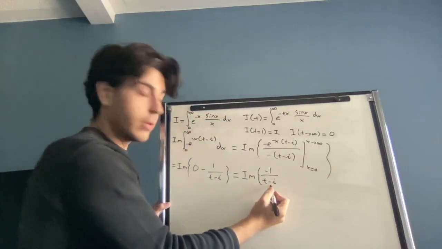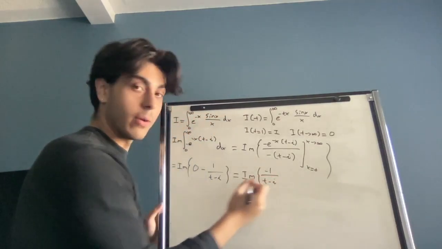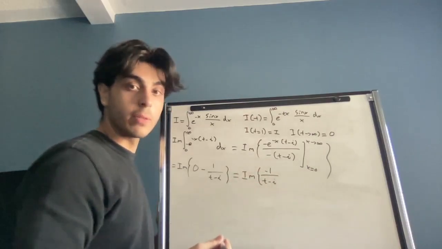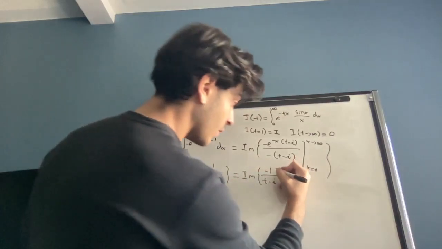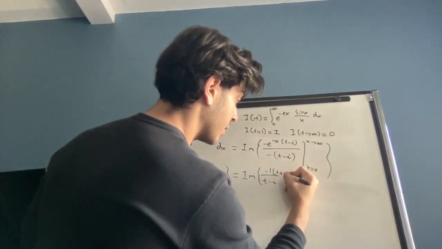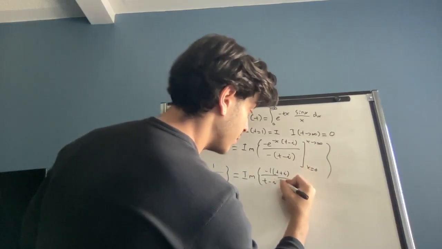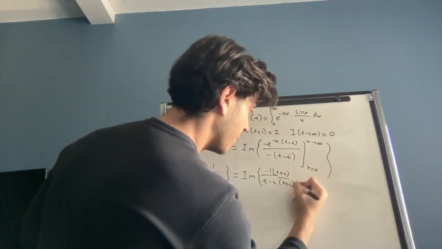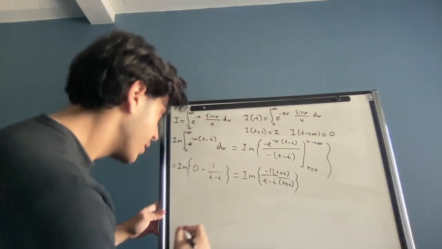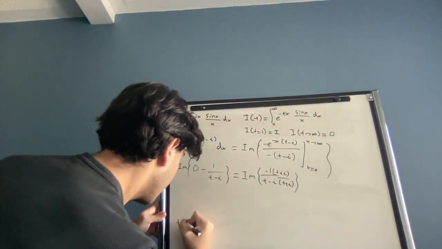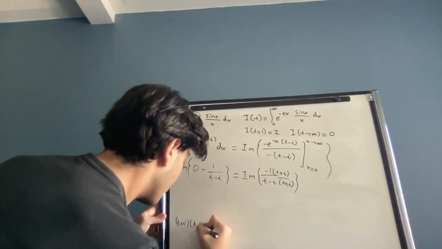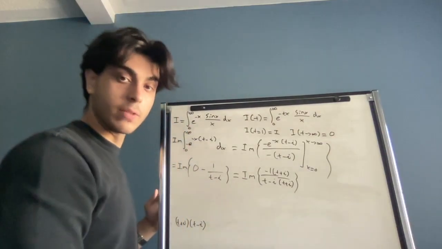To get the imaginary out of the denominator, we multiply by the complex conjugate, which is just t plus i, on the numerator and the denominator. In the denominator, we have t plus i times t minus i, which is just the difference of squares formula.